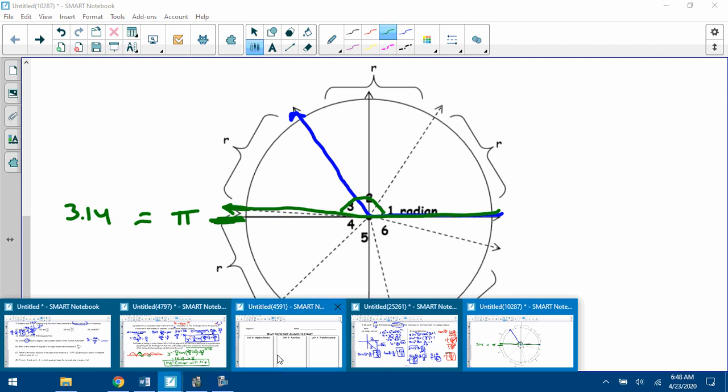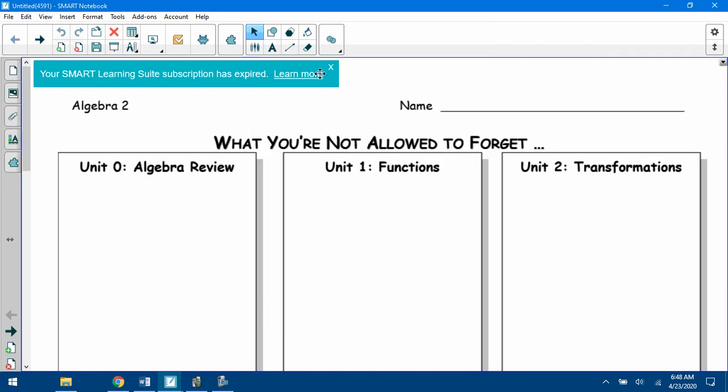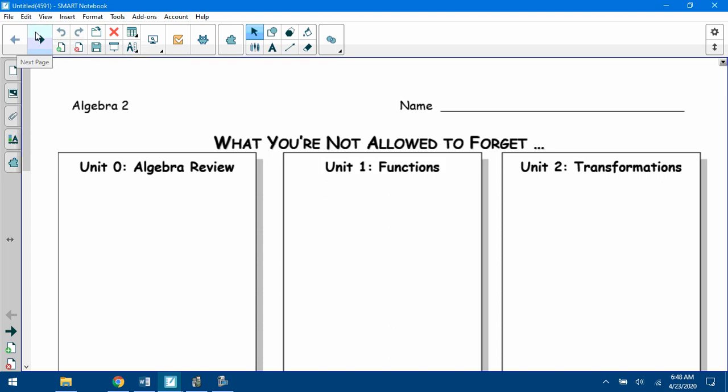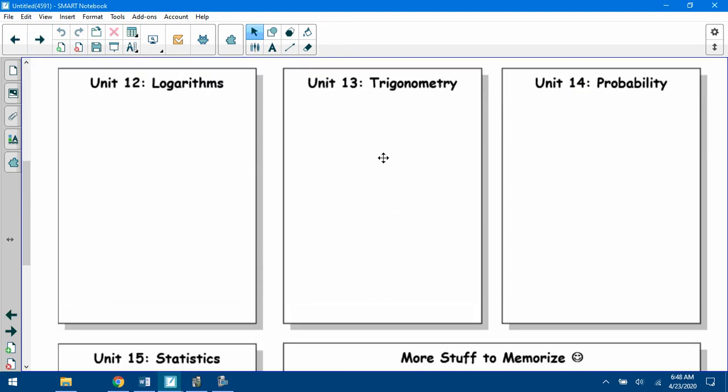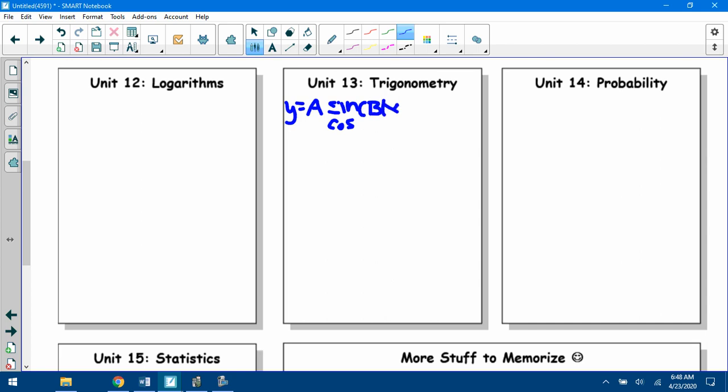All right, last thing, what you're not allowed to forget. We'll fill this sheet in for you so that you have this all filled out at the end of the year. Here's the trig unit. The biggest thing to remember, and what shows up on the Regents most often, is equations: y equals A sine or cosine, doesn't really matter, of B times (x plus C), plus D. Knowing how to get all the pieces of this.